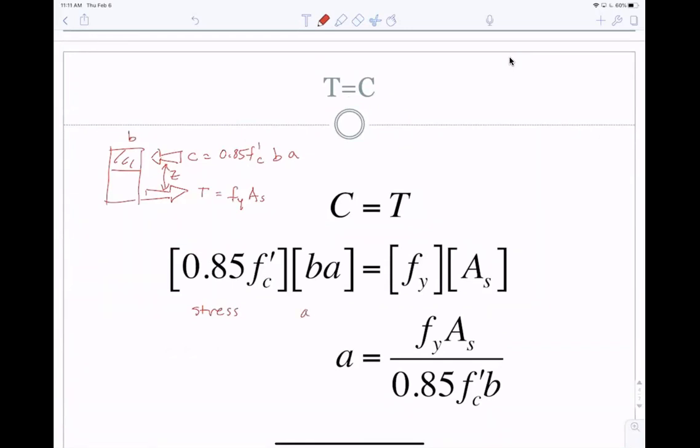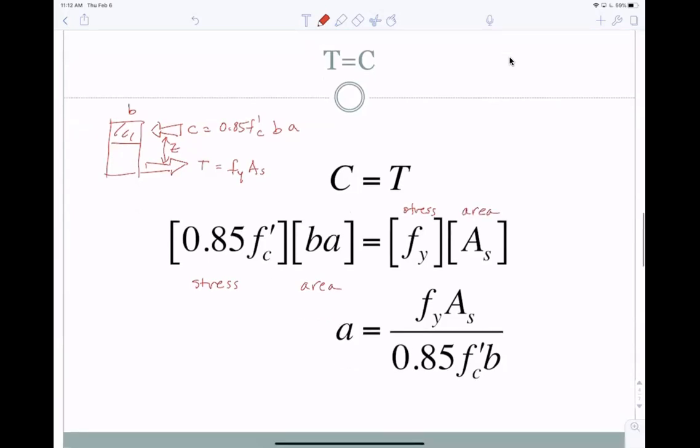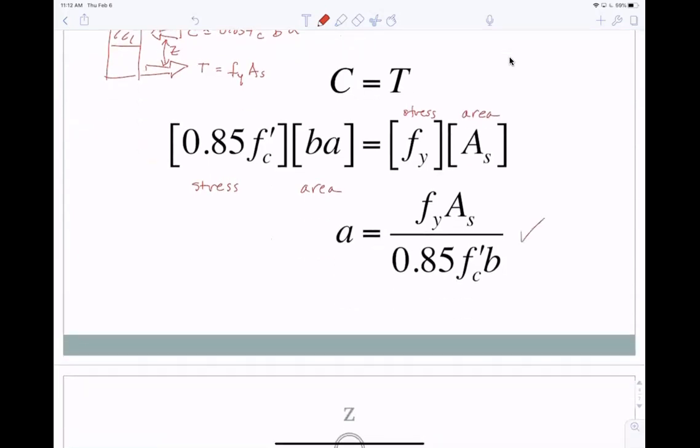Okay, so this is the area. For the steel, the stress is Fy. We've designed the beam properly, so it's yielded. And the area of steel, of course, is just As. Solve for a. There you go. Just solve that equation for a.